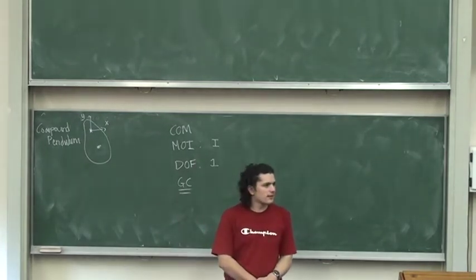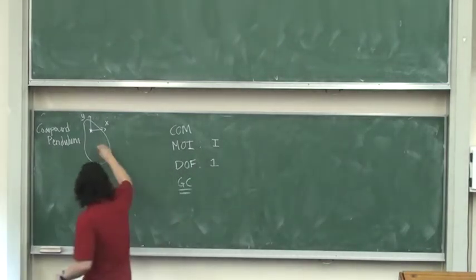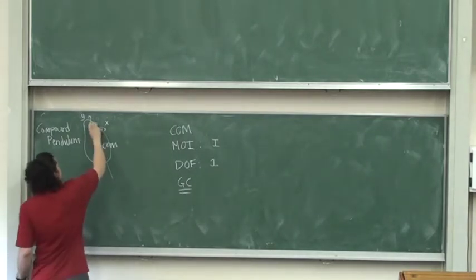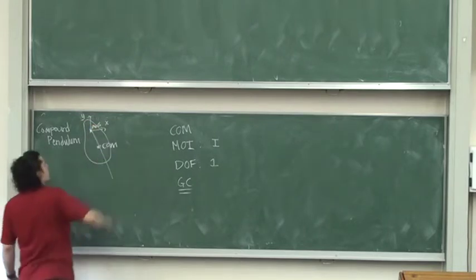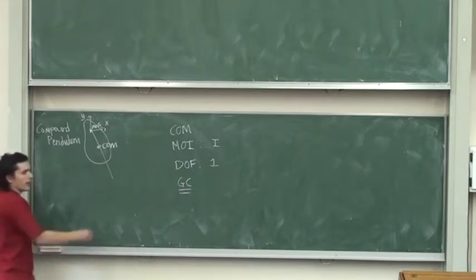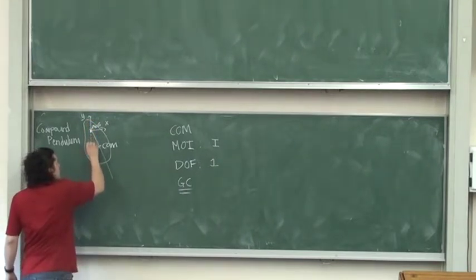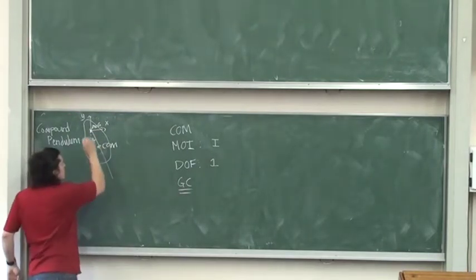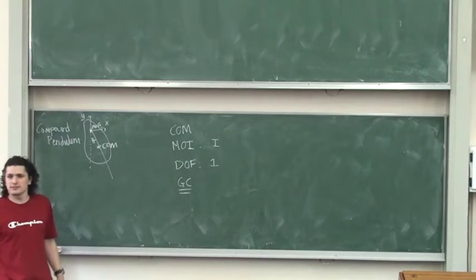Draw a line between the center of mass and the axis. Okay, let's draw a line between the axis and the center of mass. To be clear, that's the center of mass and that's the axis. Okay, we've drawn that line, and now what? Draw a vertical line through the axis. And theta's the angle between them. We all happy with that description?